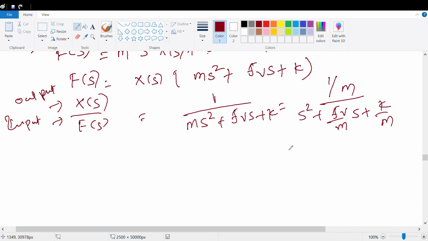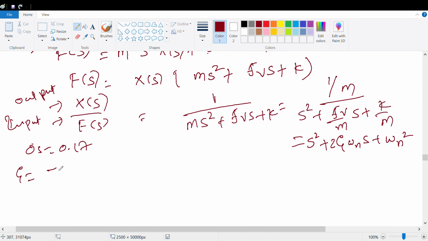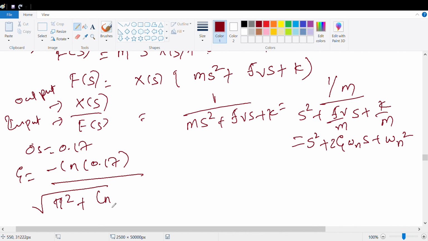Now compare this with the standard second order equation, s square plus 2 zeta omega n s plus omega n square. They have given overshoot is 0.17, so we can find zeta. Zeta is minus ln 0.17 divided by the square root of pi square plus ln 0.17 square.